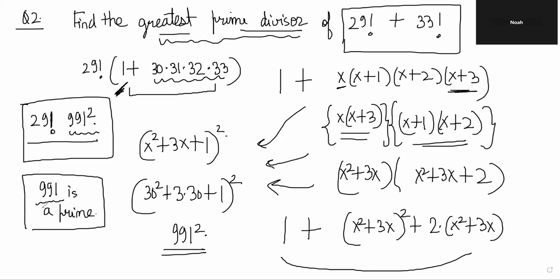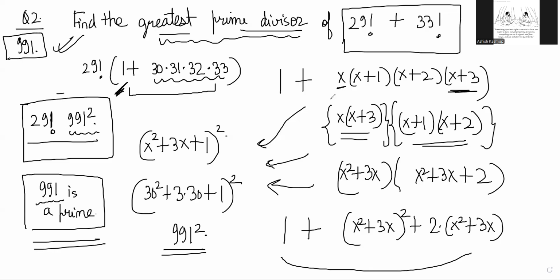So if you check that, you will realize that this is a prime number. So the greatest prime divisor in this product is simply 991, right? Is it clear? This question doesn't use any of the concepts we learned today, but it's a simple question only.